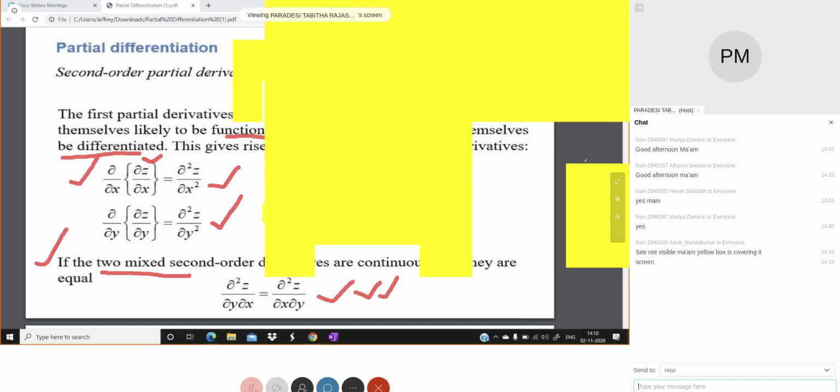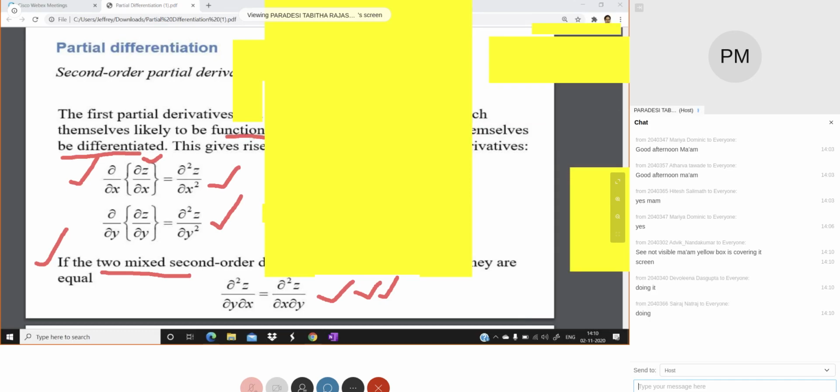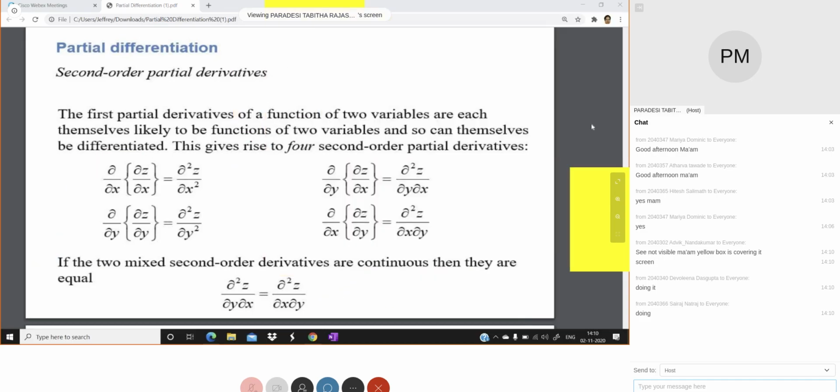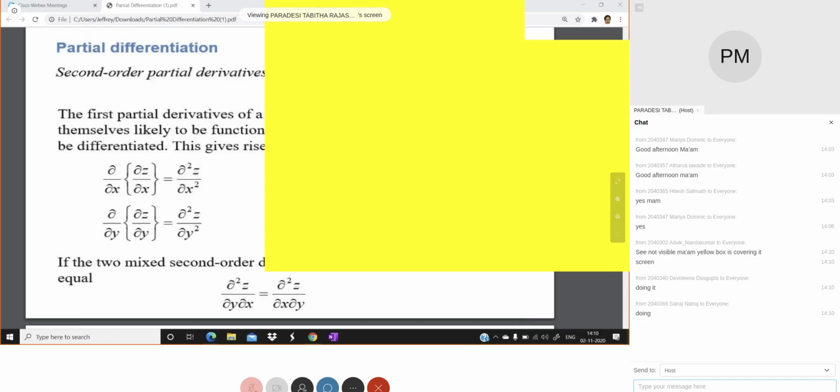Yeah, mentioning or doing it. Yellow boxes covering the screen. Which box is it? Check again. Which box is covering the screen? I can't see anything here. The chat box is there, but it's on the extreme right. Now you're able to see that slide?